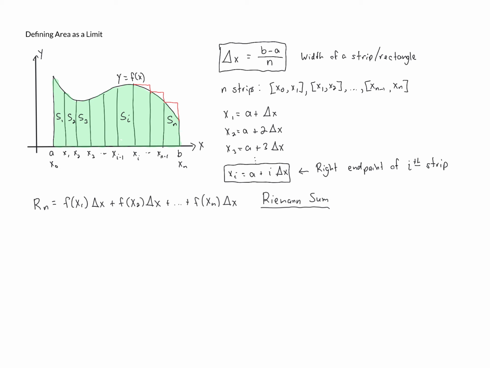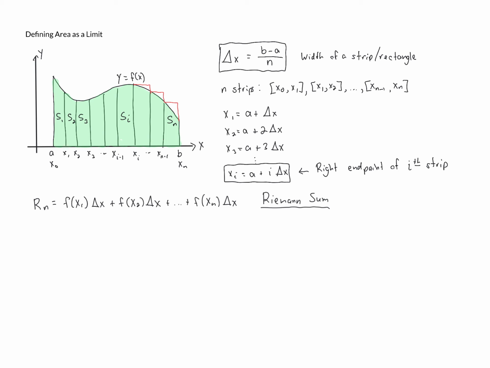And so you're adding up the areas of the rectangles, and each one is the height of the rectangle, which is a function value, either on the right side or the left side or the midpoint, or it doesn't really matter, but the height comes from some function value, and then the width is going to be delta x. And we actually can say exactly what all of those x sub i's are in terms of a and i, and delta x is in terms of b and a and the number of rectangles.